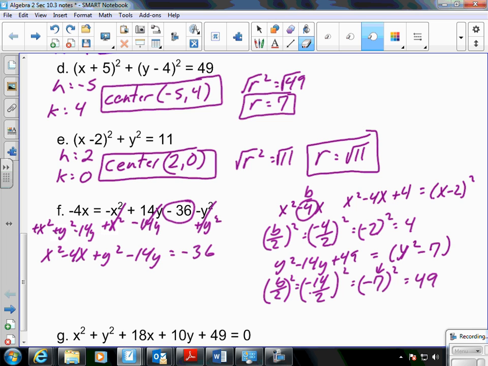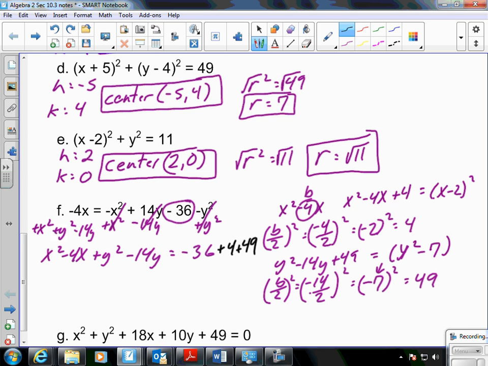So now when I write this equation, one thing I've got to do is I'm adding 4 here to this part of the equation. I'm adding 49 to this part of the equation. So that's all going on into the left side. So I've got to add that same set of values to the right side. So I'm going to add 4 and 49 to the right side.